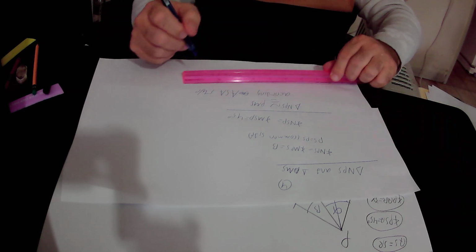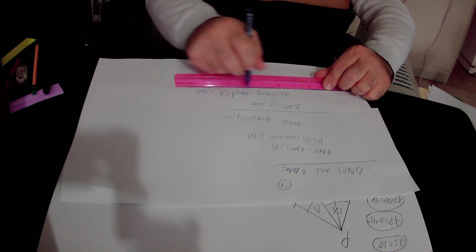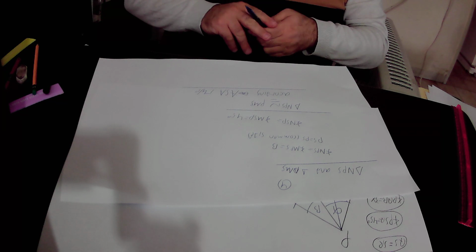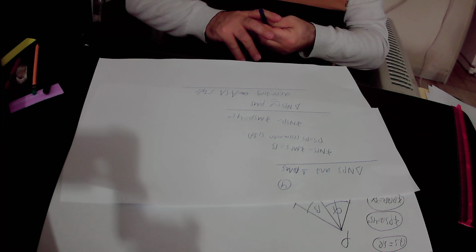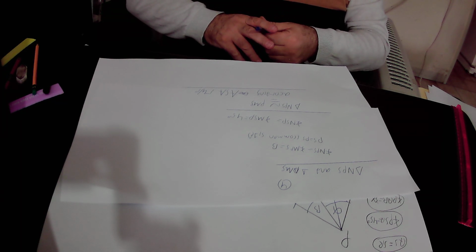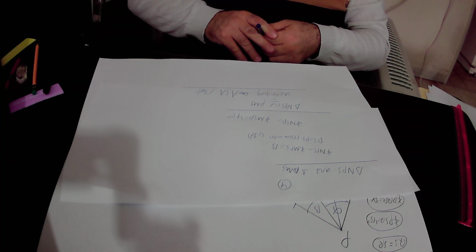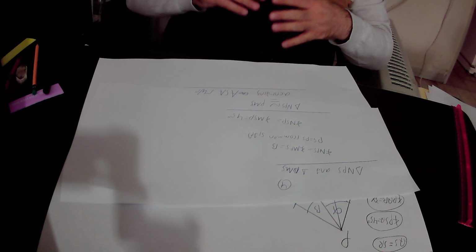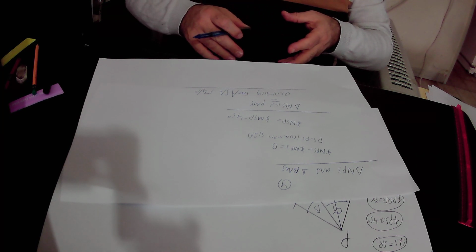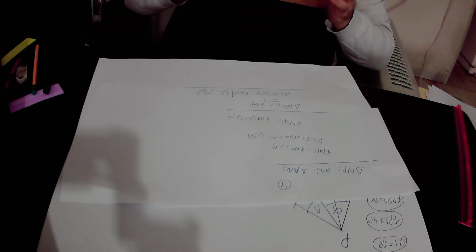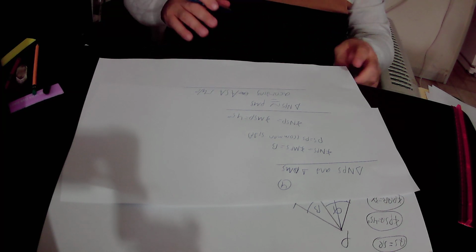So what is the angle side angle rule? According to the angle side angle rule, if two angles and the side included between those two angles in one triangle are congruent to two angles and the included side in another triangle, then the triangles are congruent according to the angle side angle rule.